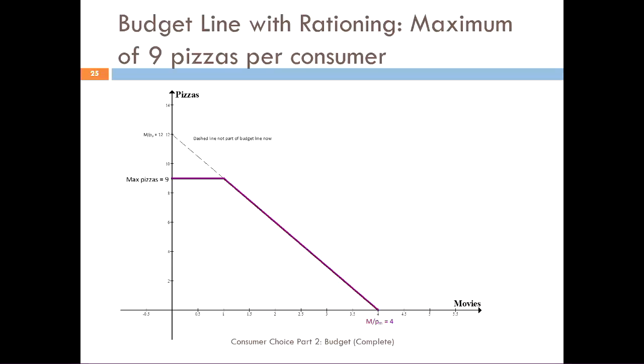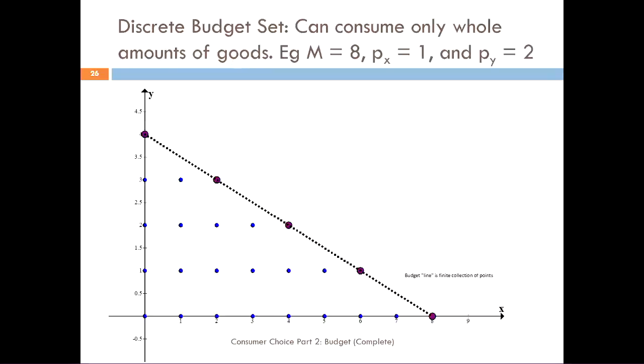The second example I just want to show you, because we can talk a little bit about this later on. We've been assuming, of course, that you can consume fractional amounts. What if you can't? What if you say, I just want to be a bit more realistic and say you can only consume whole amounts. You can't watch 2/3 of a movie. You could, but you have to take the whole thing. So it's not possible to buy 2/3 of a movie. So if we do whole amounts, what happens?